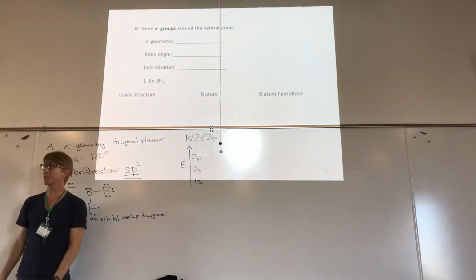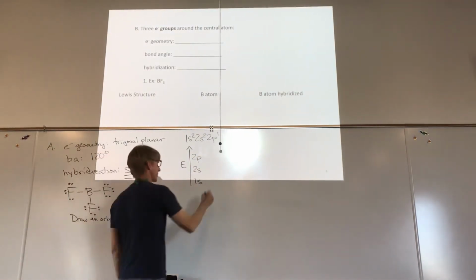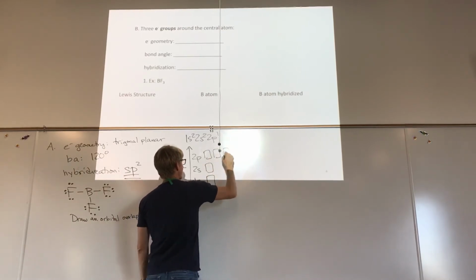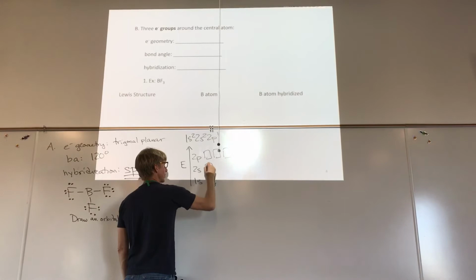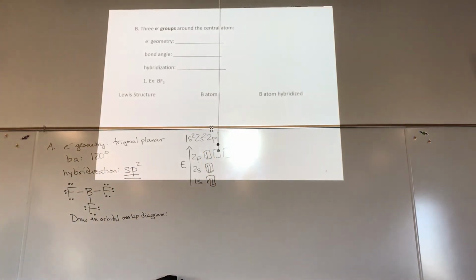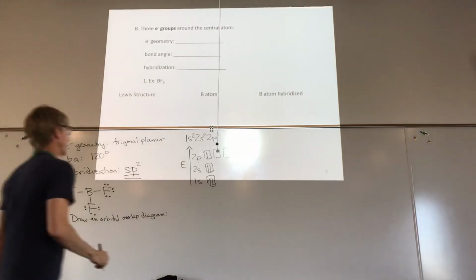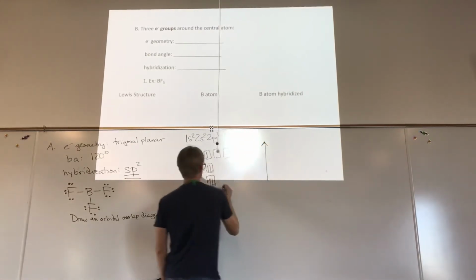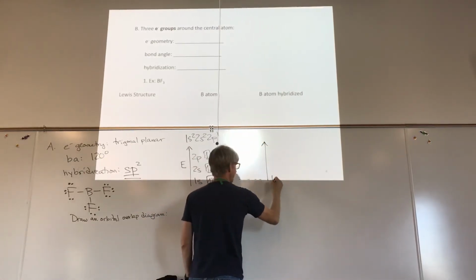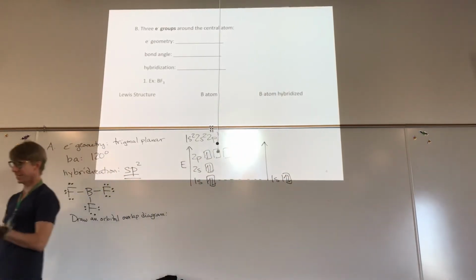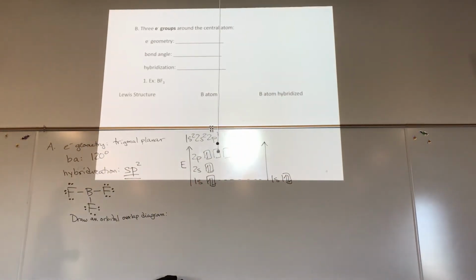Same thing as before, except we get one more electron: one of the electrons in 2p. One p is untouched in the hybridized boron atom.